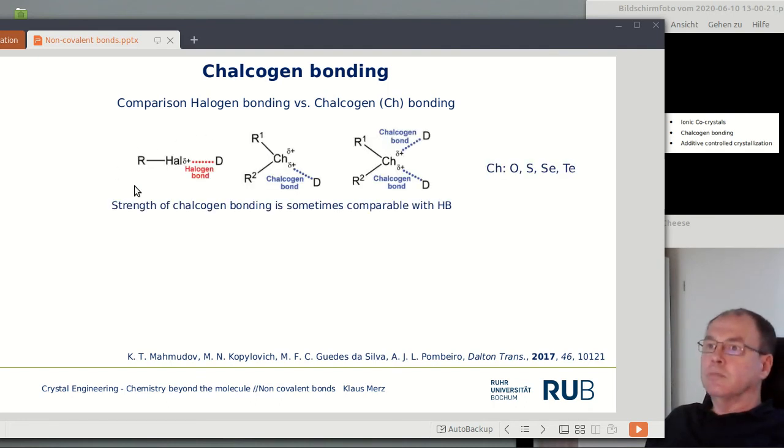This is a halogen bond, you know it, we have talked about it, and this is a chalcogen bond, which depends on the configuration here, the central chalcogen and the number of the substituents, no?